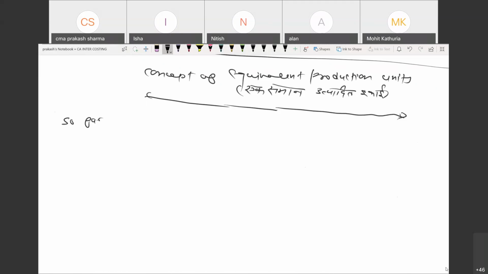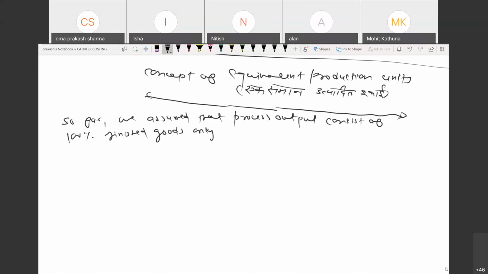So far we assumed that process output consists of 100% finished goods only, and there are no incomplete units or work in progress unit.